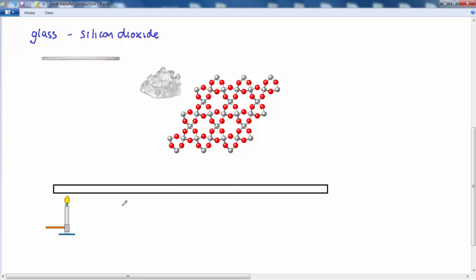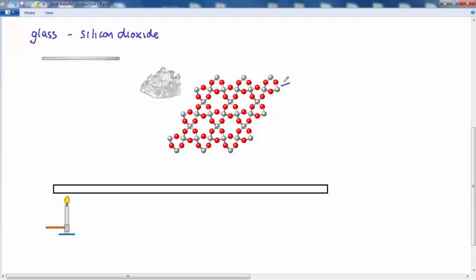So why does that happen? Well, using this model of particles vibrating, what we see is that the atoms in the glass are held together in a different way. They are in fact held by what we call covalent bonds, which you'll learn more about when you do GCSE.